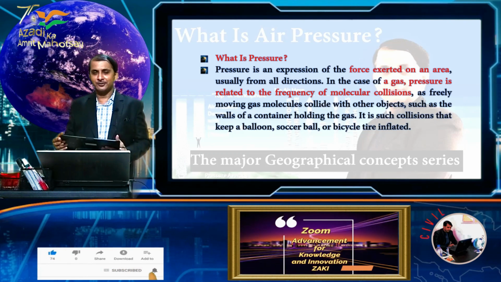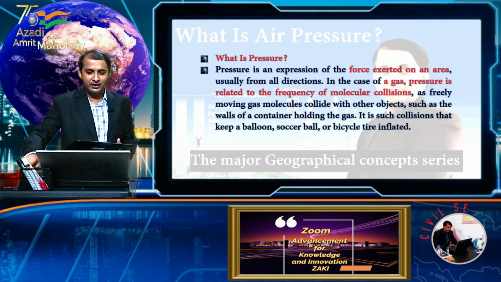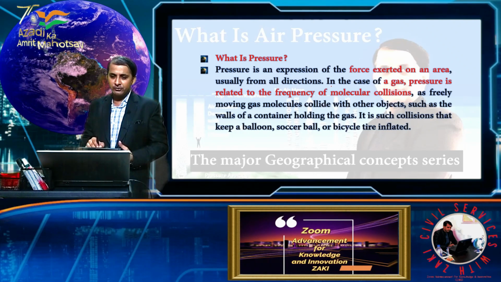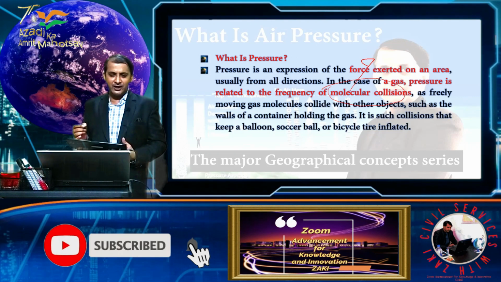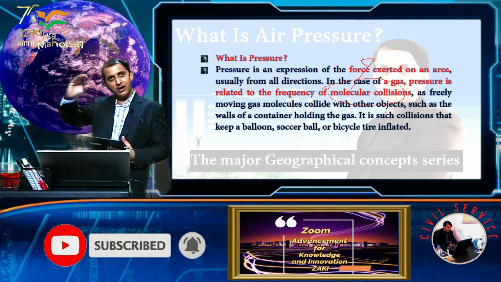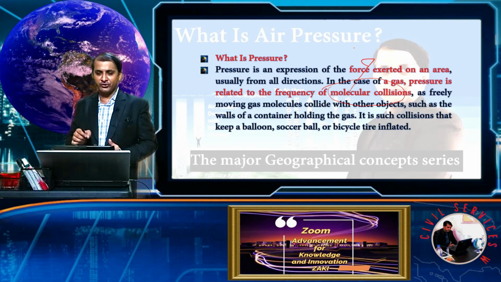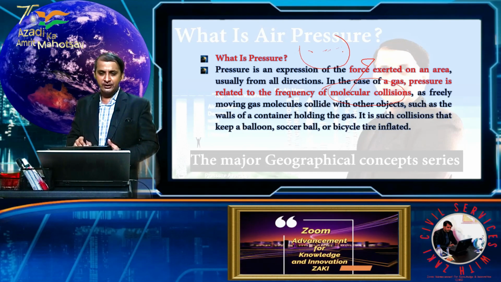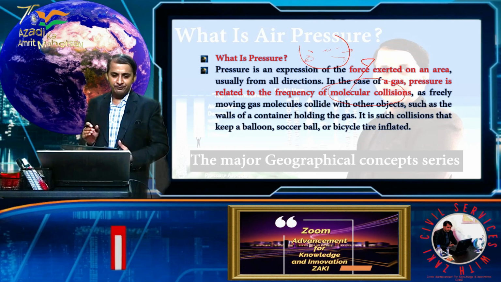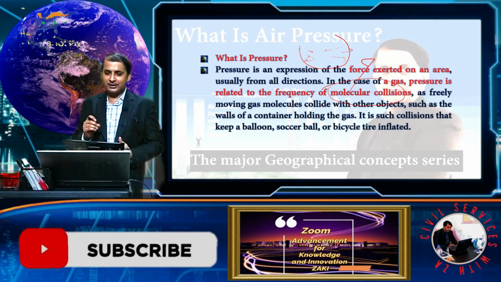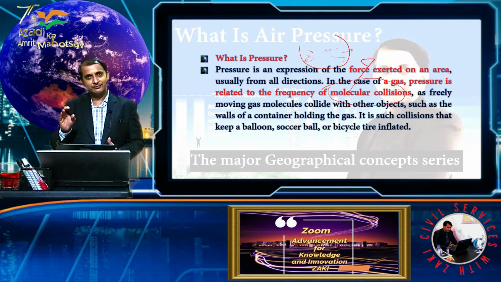In the case of gases, because we study gas here, pressure is related to the frequency of molecular collision. It is the collision of air molecules, as freely moving gas molecules collide with other objects, such as the walls of a container. If we put some air molecules in a container, they collide with the wall and create pressure. Such collisions keep balloons, soccer balls and bicycle tires inflated.